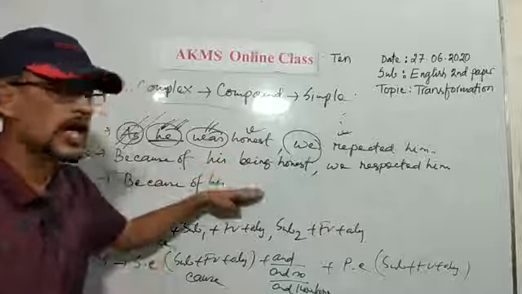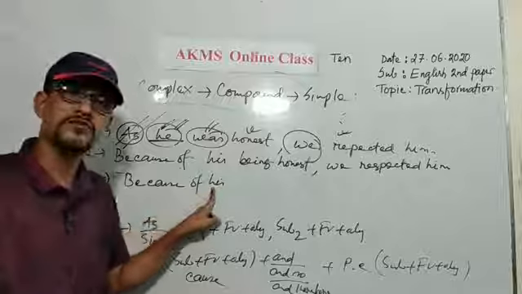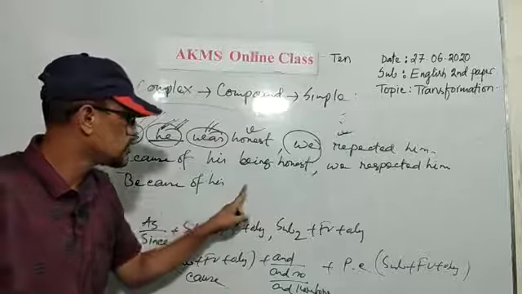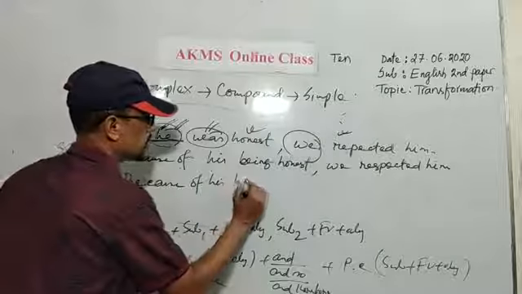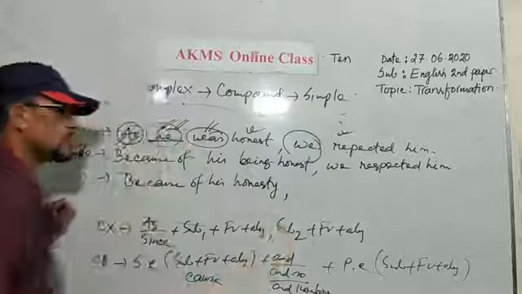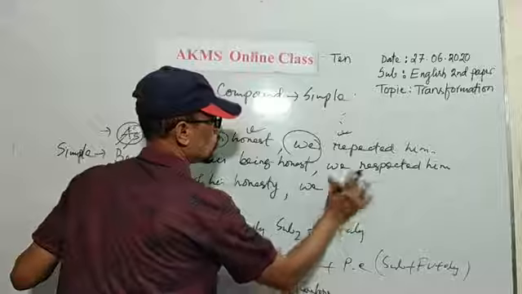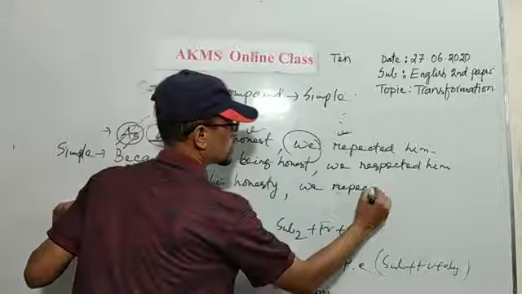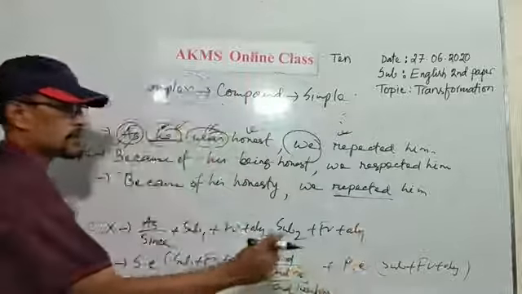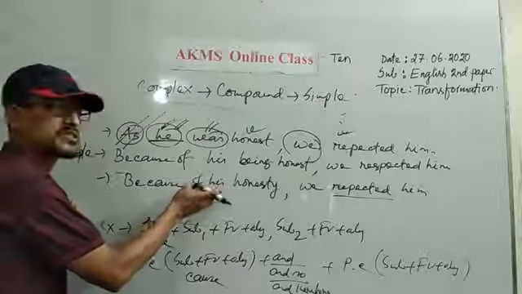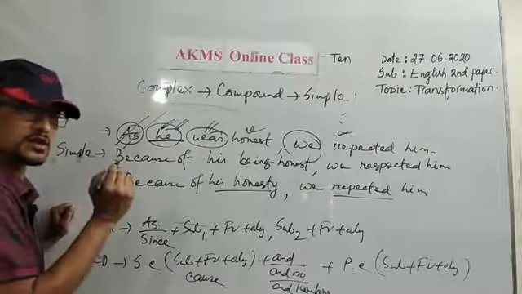You can write the noun form of honest, because after the possessive form, you should use the noun form of any word. Because of his honesty. Then you should write the principal clause: we respected him. I can identify the tense from the principal clause, but not from the first part of the sentence, because it is a phrase. It is not a clause.